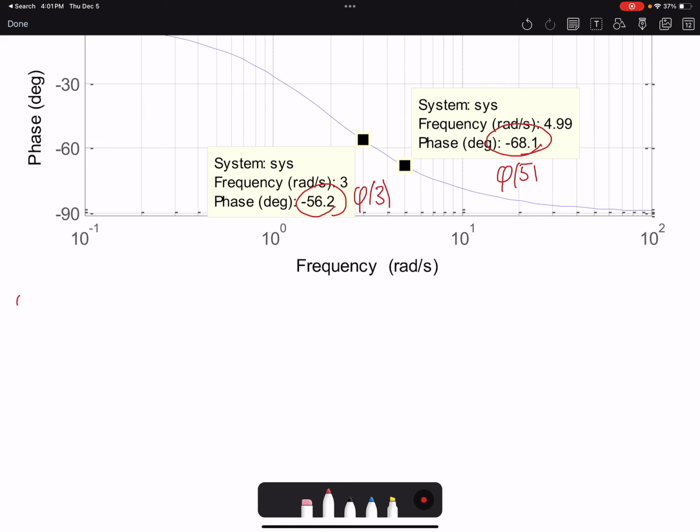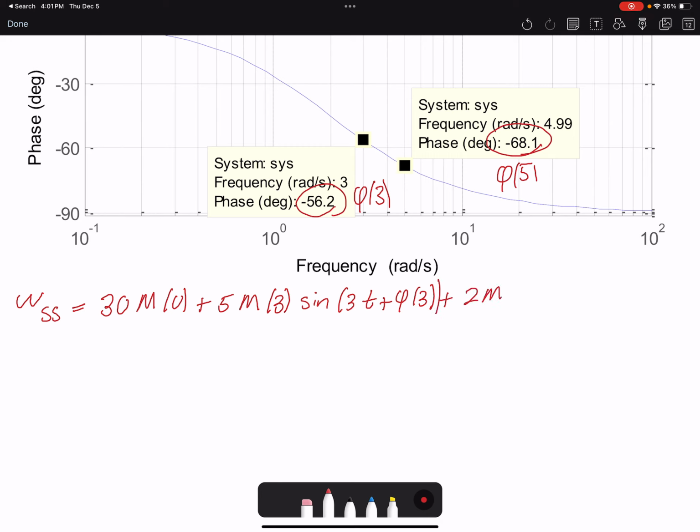The steady state response, we knew that it's just a function of the input. We have 2 M5 cosine 5t plus phi5.